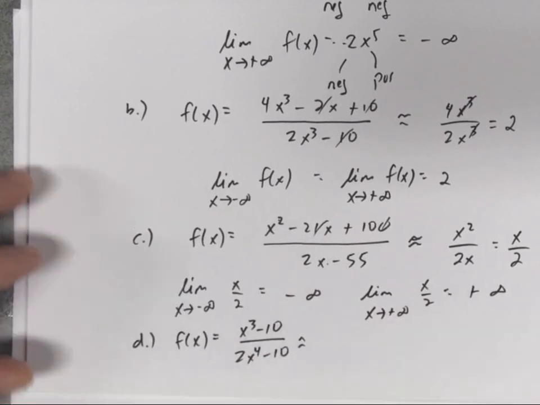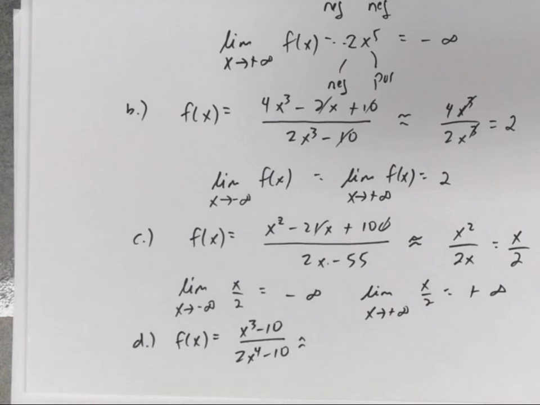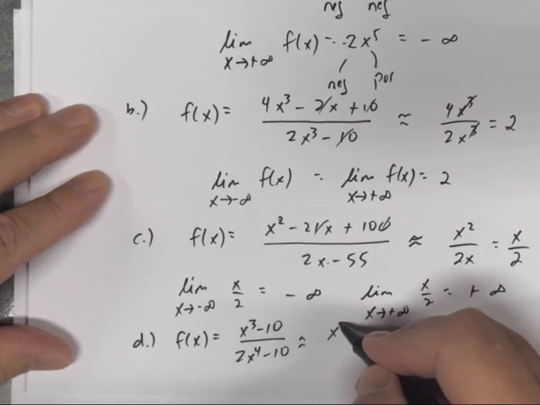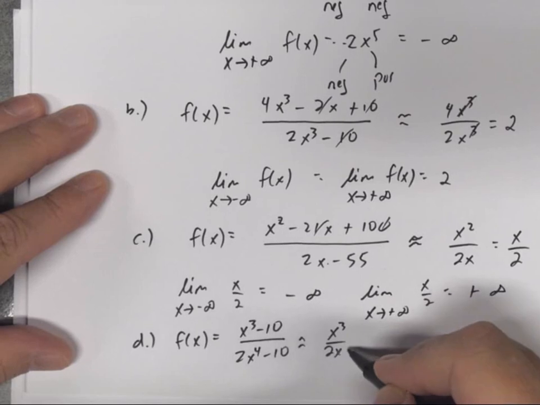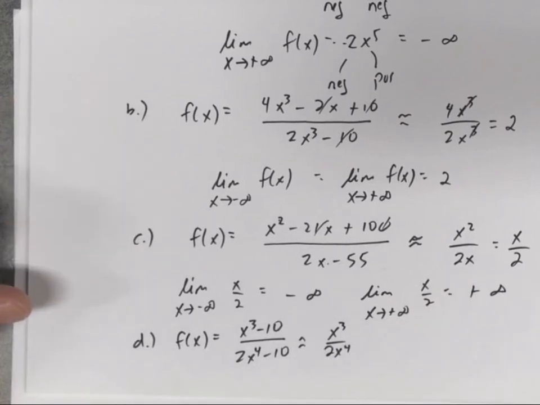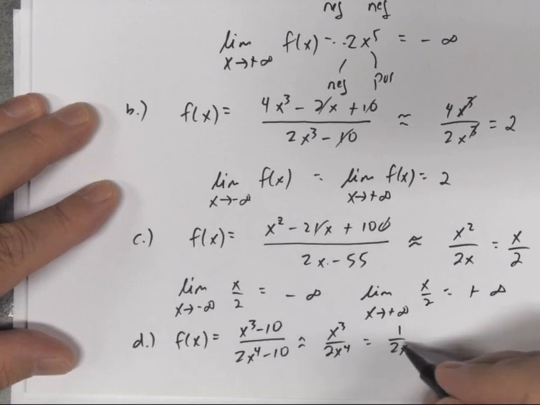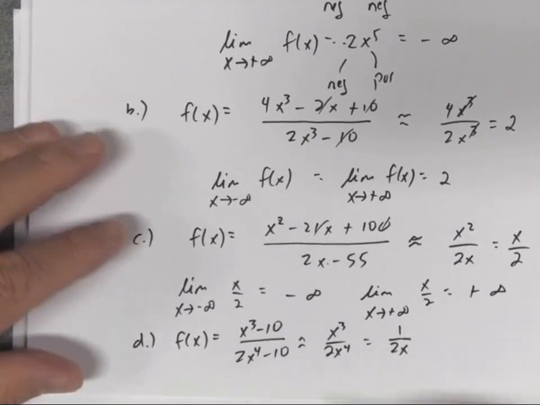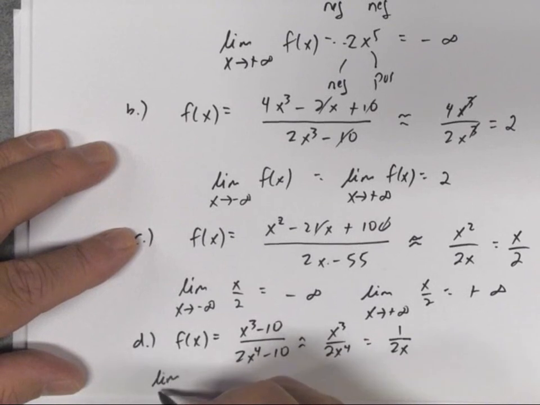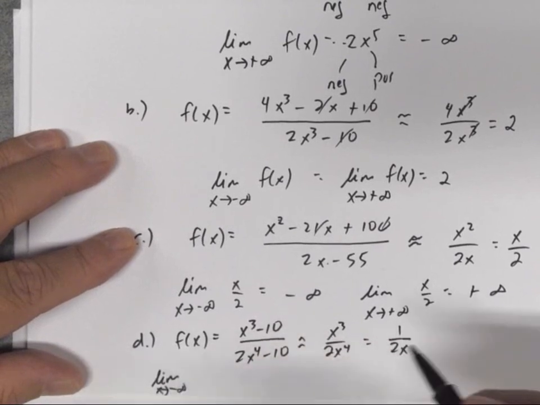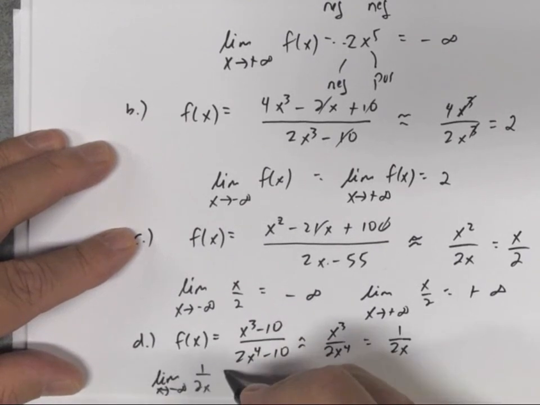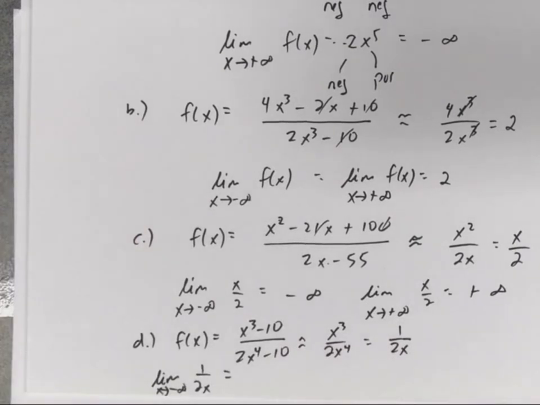So once again, let's reduce this down to our leading terms. x cubed over 2x to the fourth, and if you cancel, you're left with 1 over 2x. Now if you think about it, if x approaches negative infinity and it's 1 over 2x, I hope you can see this denominator gets to be huge.